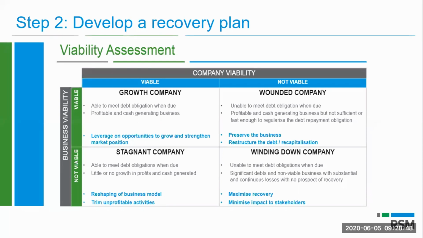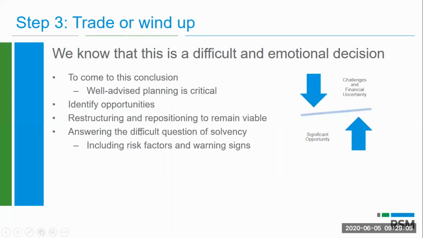You may have been hitting this point prior to lockdown, and the lockdown really just catapulted you into this stage. It does not mean there's no recovery from that, but it does require critical analysis and assessment. The very last stage is then, do you continue trading, or do you wind up?